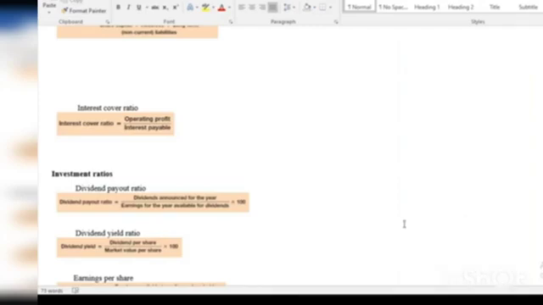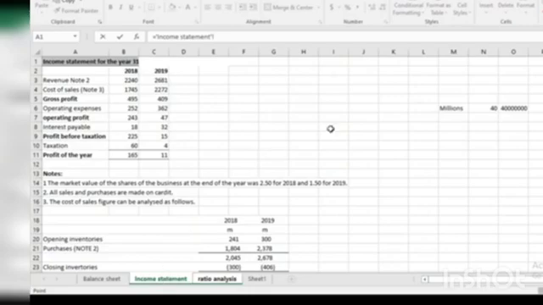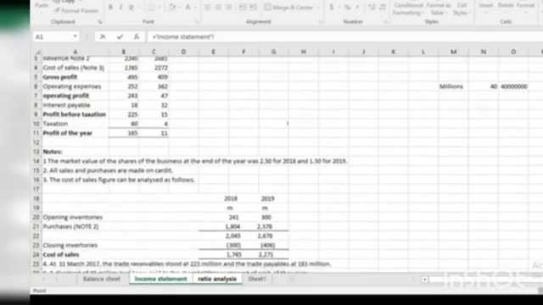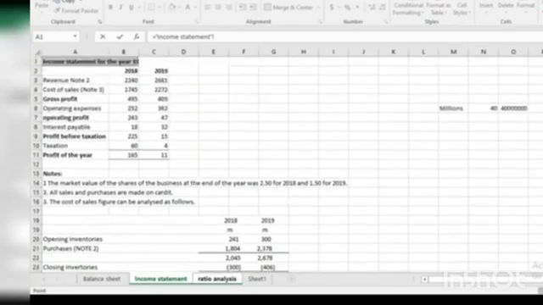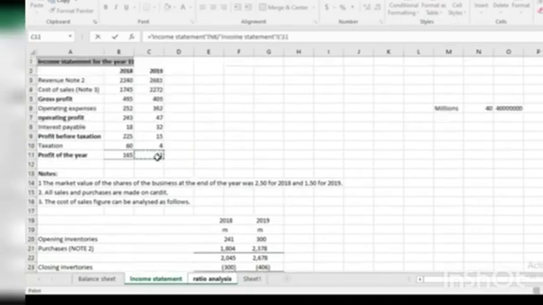After seeing the formula, we look at the income statement. In the notes we have seen in number 5 that a dividend announced for the year is 40 million. So we are saying that a dividend of 40 million had been paid to the shareholders in respect of the year. We will select the 40 and then divide by 11, because 11 is the profit of the year 2019.